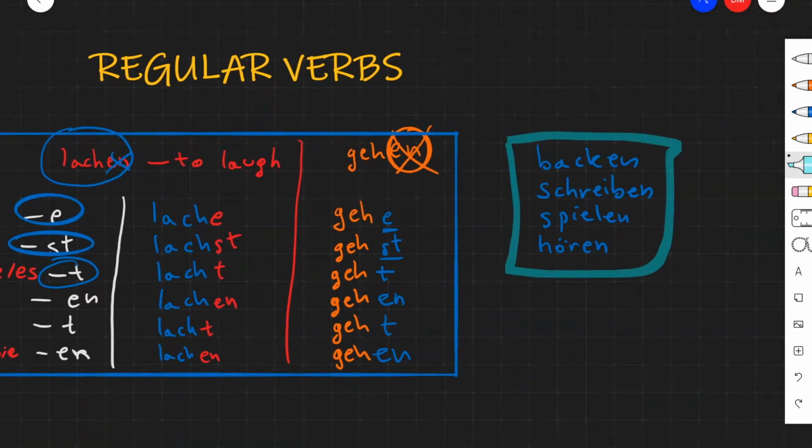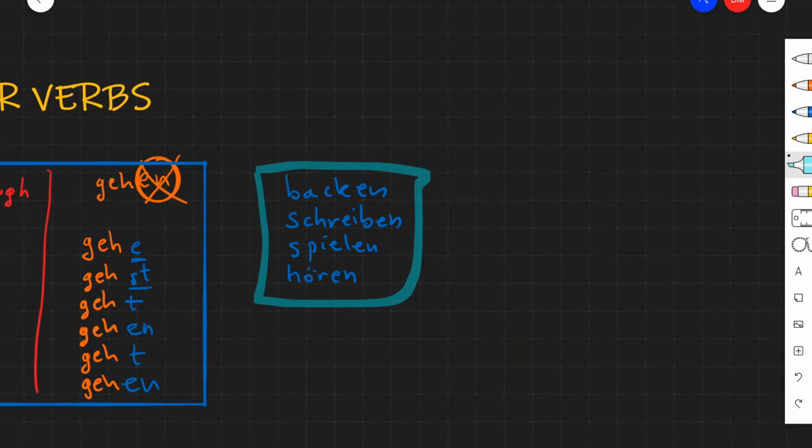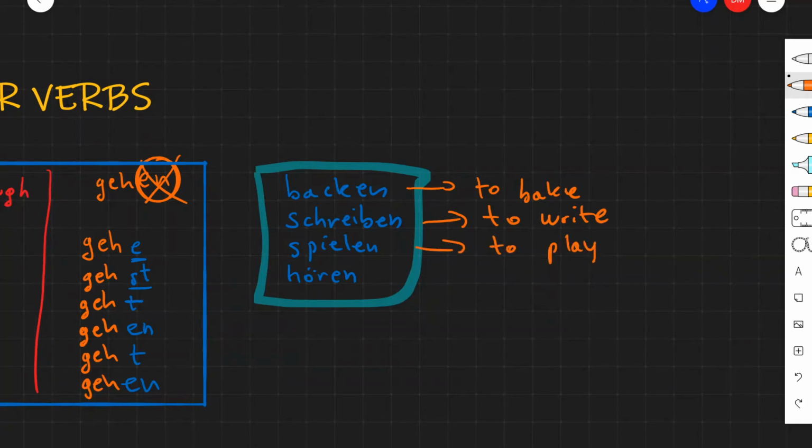The meanings of these verbs are, respectively, to bake, to write, to play, and to hear. Okay?